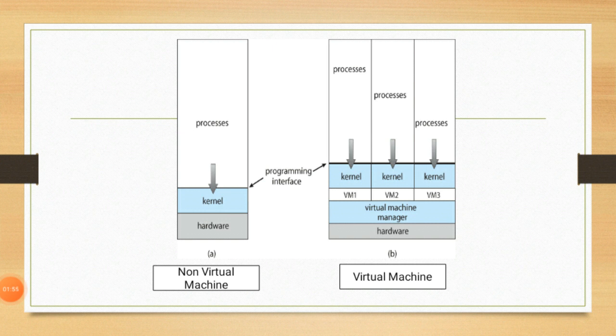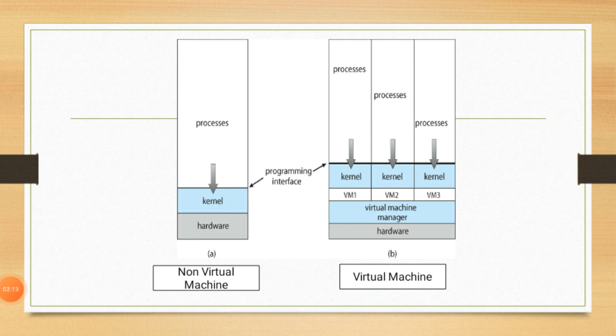Similarly, in the virtual machine, according to the definition I gave, we abstract the hardware of a single computer into several different execution environments, and each separate execution environment acts as its own private computer.